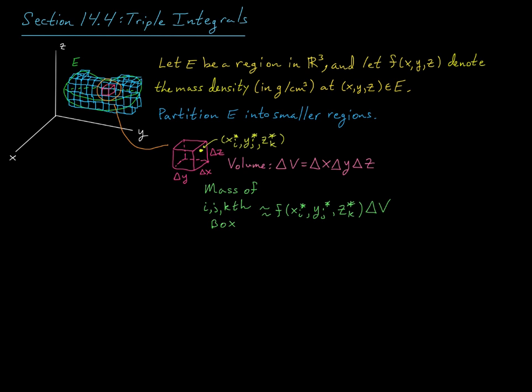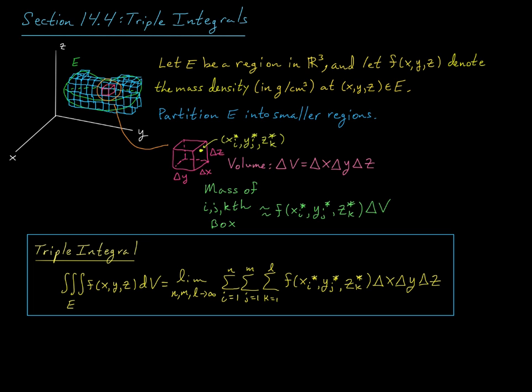And then we just observe that our approximation gets better and better as we let the number of partitions grow, and so that's naturally going to lead us to the following limit definition of the triple integral. You notice here we have a triple sum, and that's because we're summing now over the x direction, y direction, and z direction. And you can also see that's reflected in the integral notation.